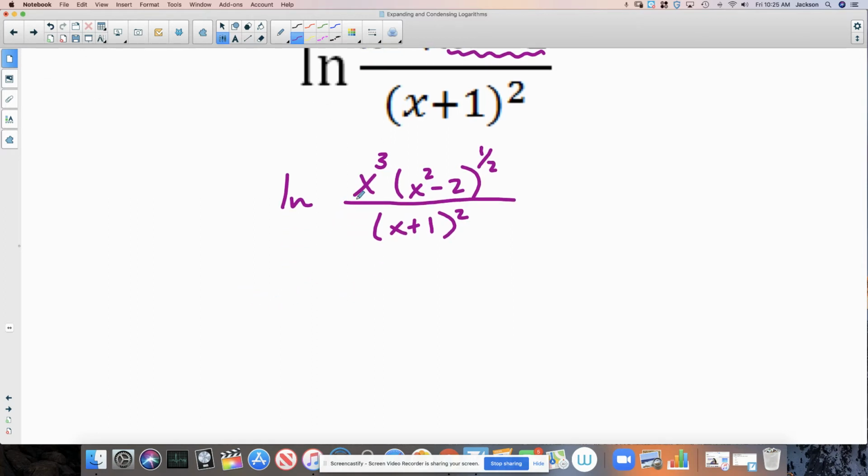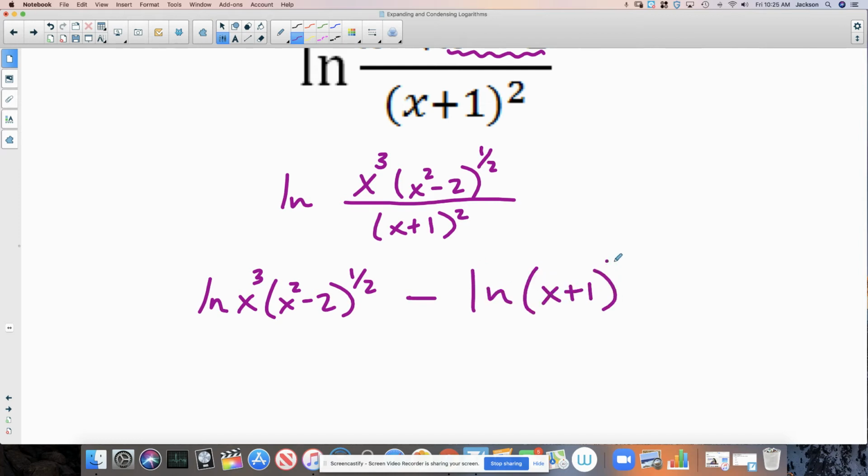Okay, so I'm looking inside and I see a quotient. So the first thing I'm going to do is take the numerator, put it in 1 natural log, and create the difference of 2 natural logarithms, right? The log of a quotient becomes the difference of 2 logs.